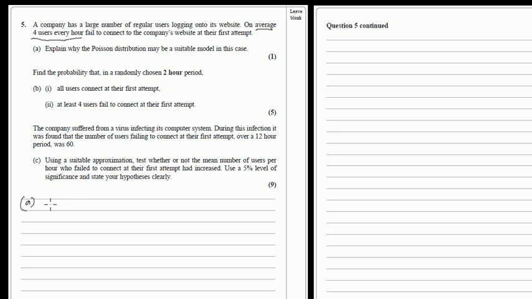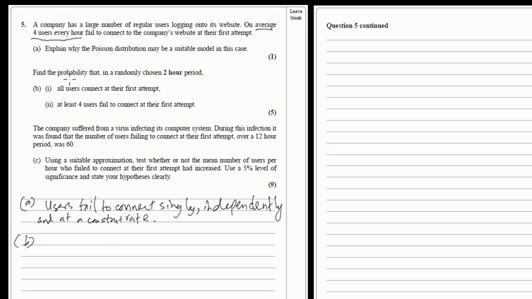Events have to be in context: users fail to connect singly, independently, and at a constant rate.